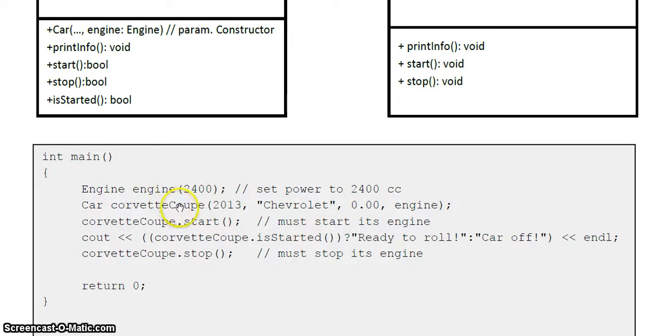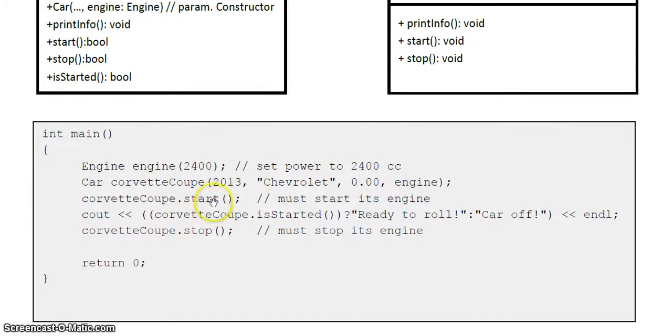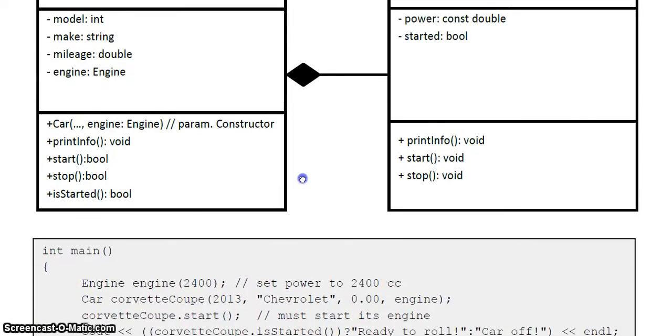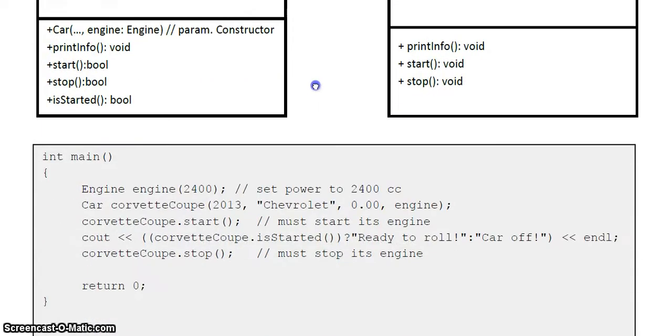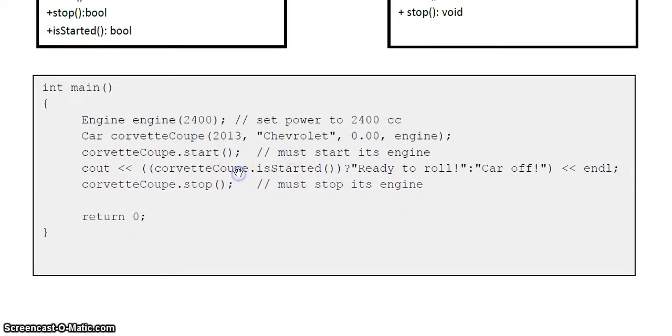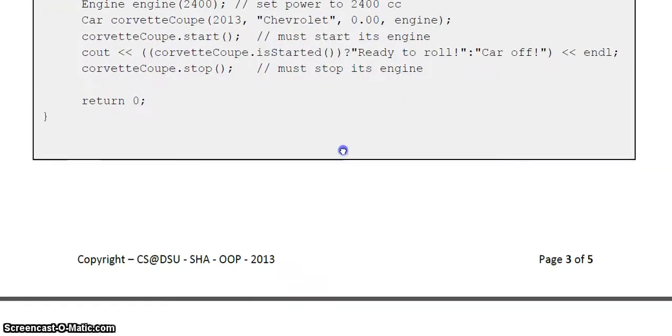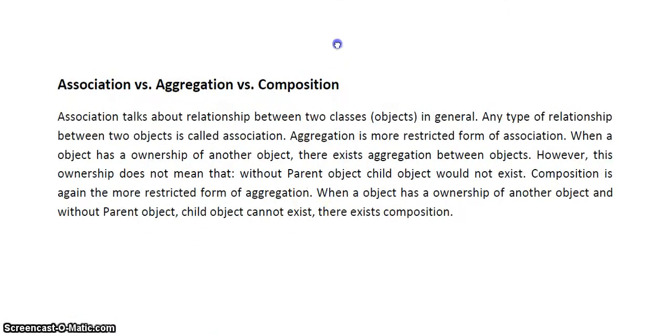Okay, so this is also important. The car Corvette Coupe creates a car, the engine is passed, and the car.start would simply set the relevant parameters as discussed earlier, and this message would be displayed if the car is started. You get this. So this is how the is started method is being used. So just try to check that.